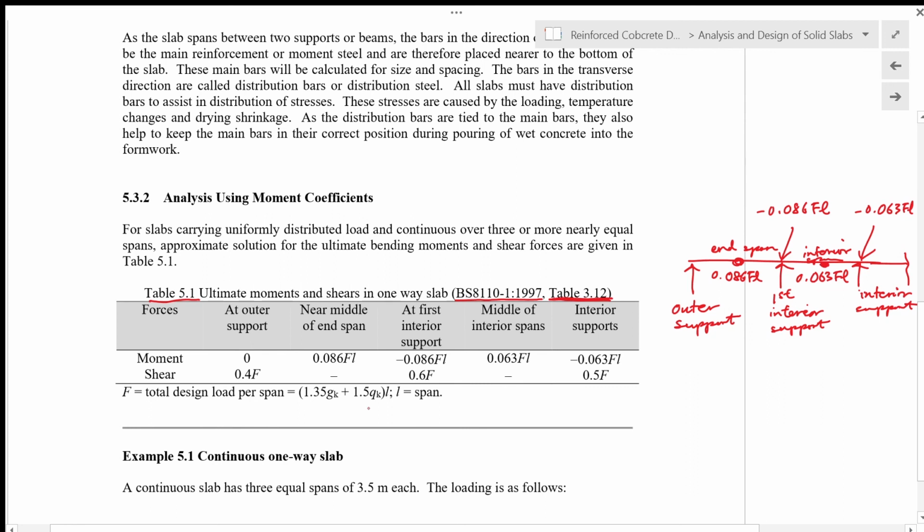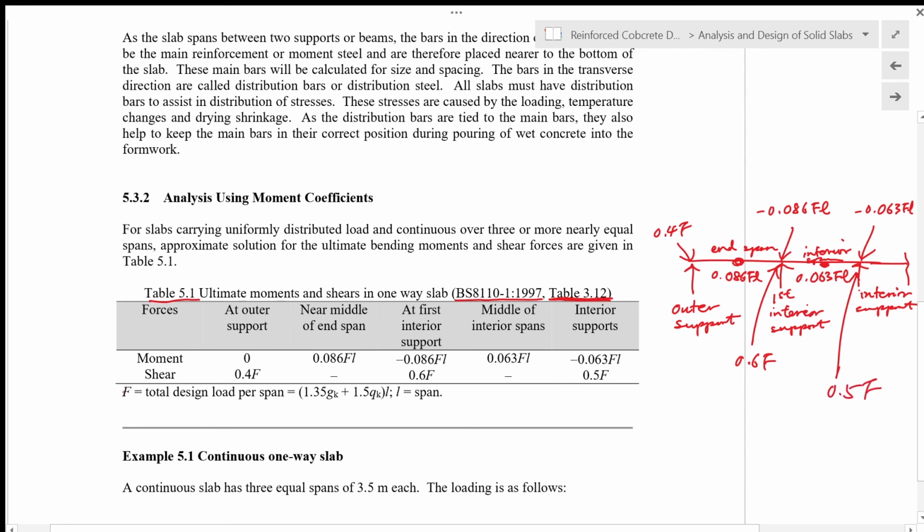Then for shear, at the outer support we have 0.4 F, and no shear at the middle of the end span. At the first interior support, the shear is 0.6 F, and in the middle of the interior span, no shear, and at the interior support, the shear is 0.5 F.